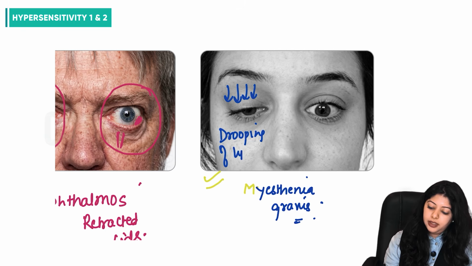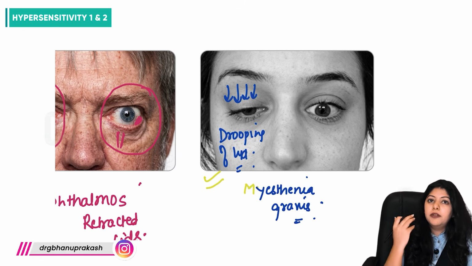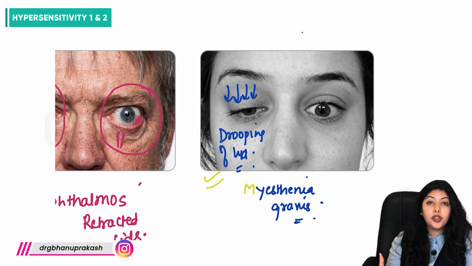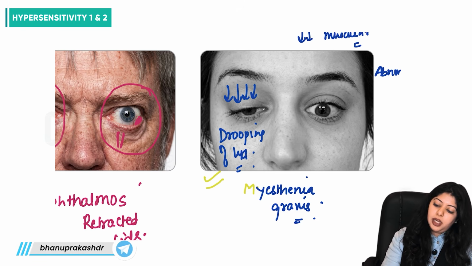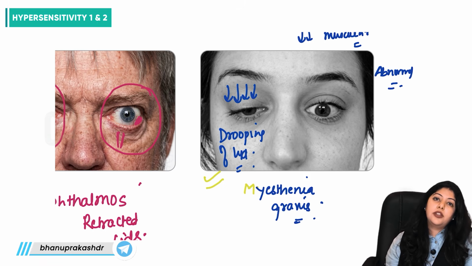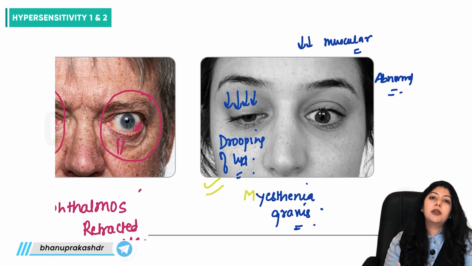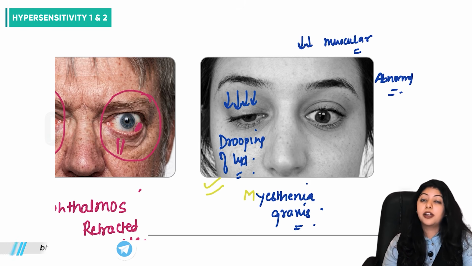There is going to be muscle weakness around the eyes, and generalized muscular weakness, abnormal facies, etc. There is reduced muscular contraction, which is the classical picture of myasthenia gravis.